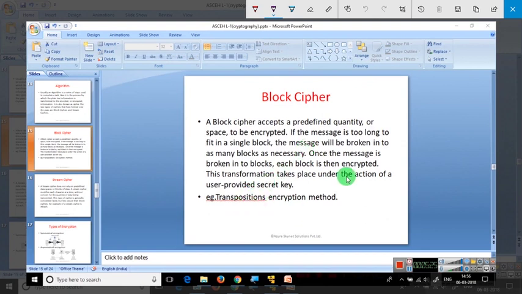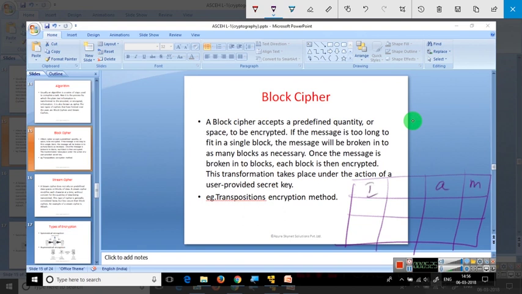Example, the transposition encryption method. You remember last time what we were doing? We created a box and in the box we were placing our message, I am good. In a block cipher you are allowed to encrypt or decrypt a whole block rather than each word.